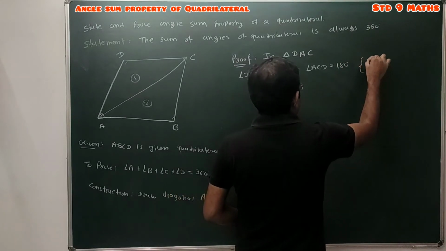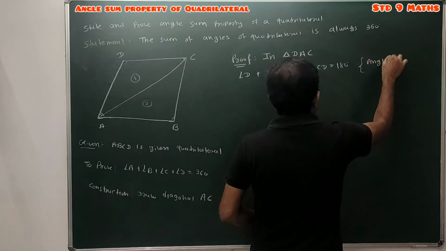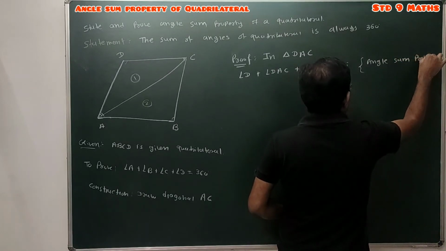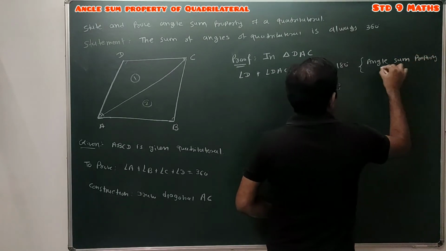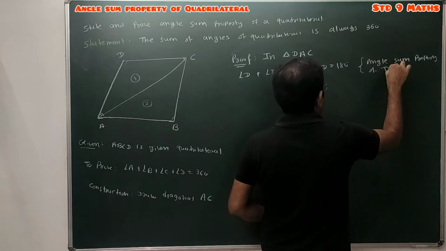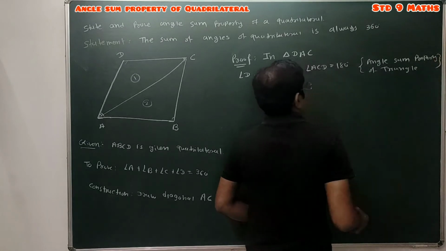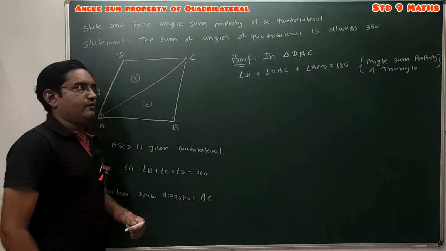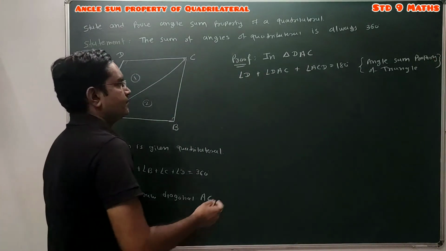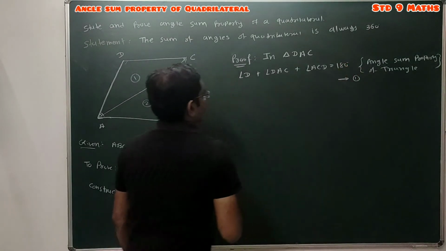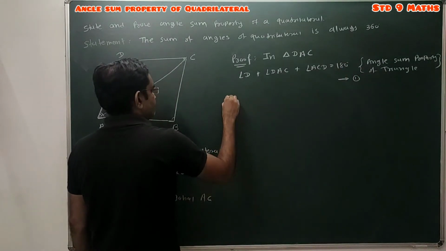That is by angle sum property of triangle: the sum of measure of all the angles of triangle is 180 degree. Say this one as result number 1.